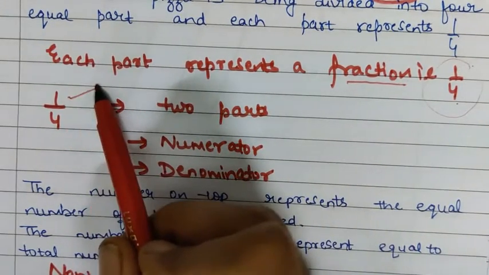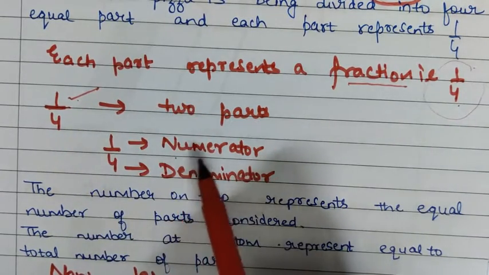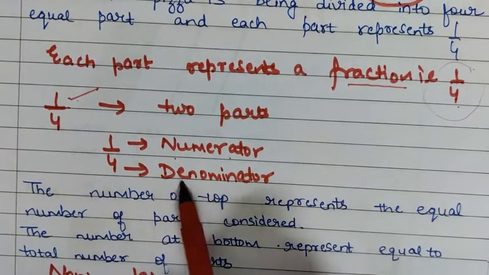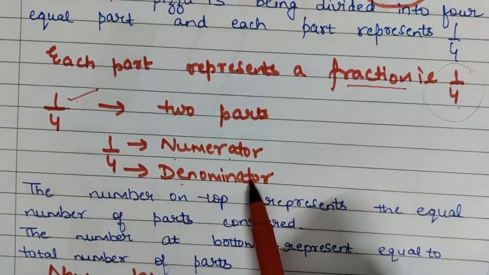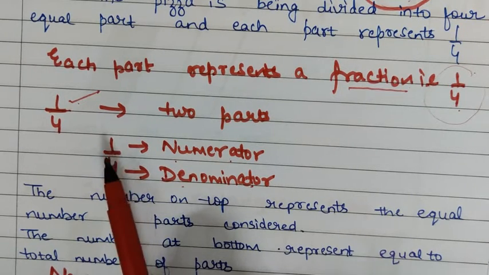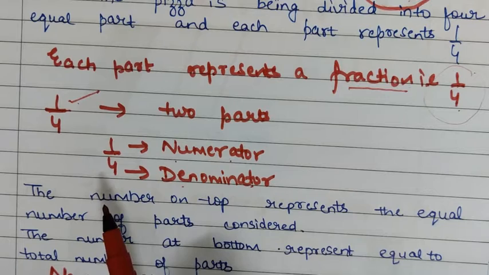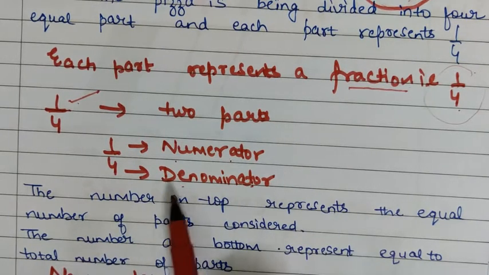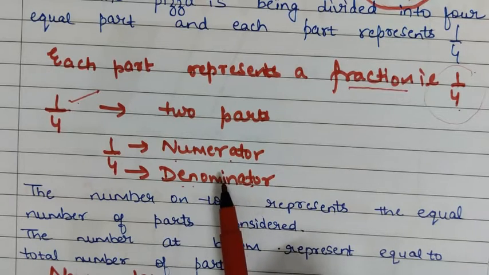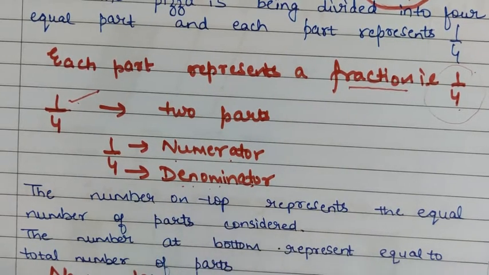The part on the top is called the numerator, and the part in the bottom is called denominator. The number on the top represents the equal number of parts considered, and the denominator, that is the number at the bottom, represents the total number of equal parts.